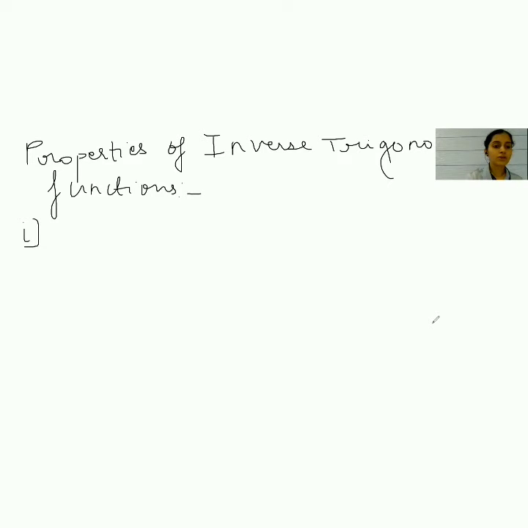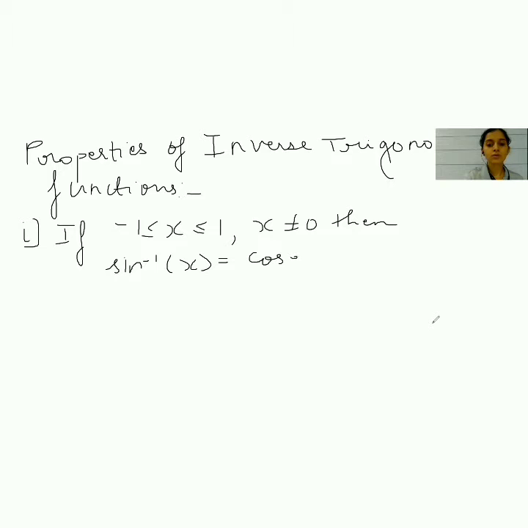Now the first one is that if x lies between minus 1 and 1 and it's not equal to 0, then we can say that sine inverse of x is equal to cosec inverse of 1 upon x.